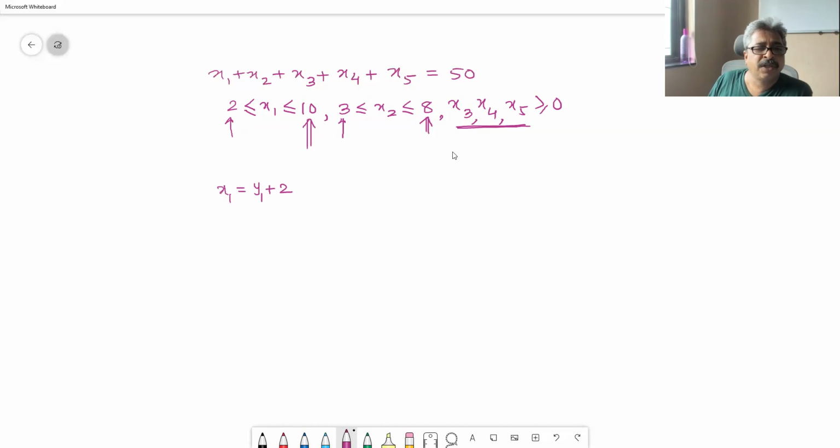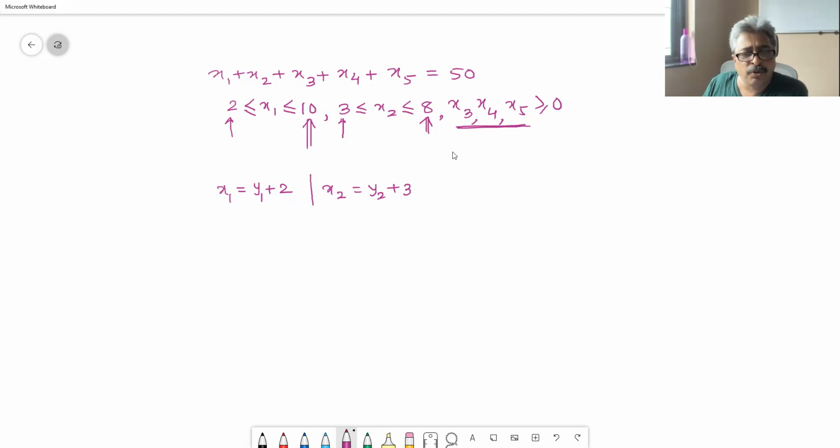When x1 is 3, y1 is 1, x1 is 4, and so on. That is what we wanted to do, right? So we replaced x1 by y1 plus 2, and we replaced x2 by y2 plus 3. So that is how we took care of the lower bound.